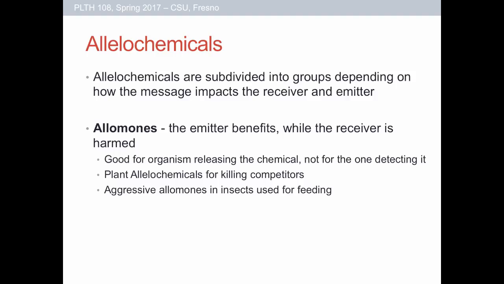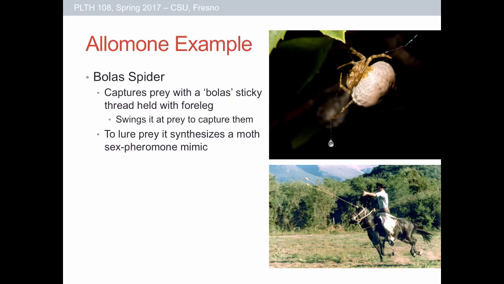Or on the flip side, insects sometimes will release very aggressive allomones while they are feeding, and essentially they can shut down feeding of insects in the neighboring areas, sort of turn them away.